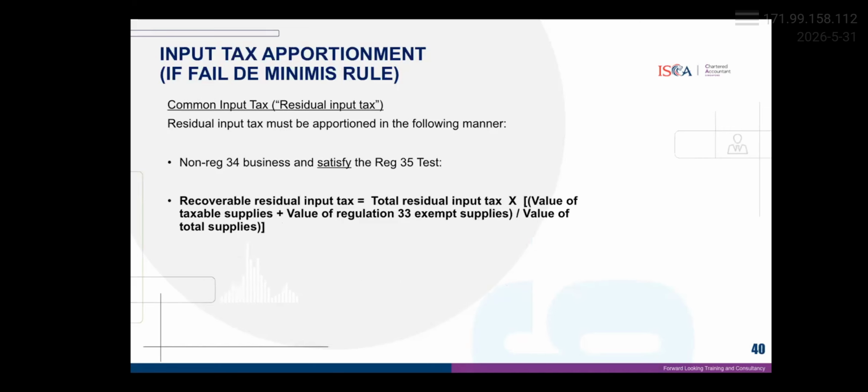Now, after you have done that direct allocation, you will come across certain expenses or input tax that cannot point directly to a type of supply. That type is called a common input tax or residual input tax. The residual input tax must be apportioned in the following manner.